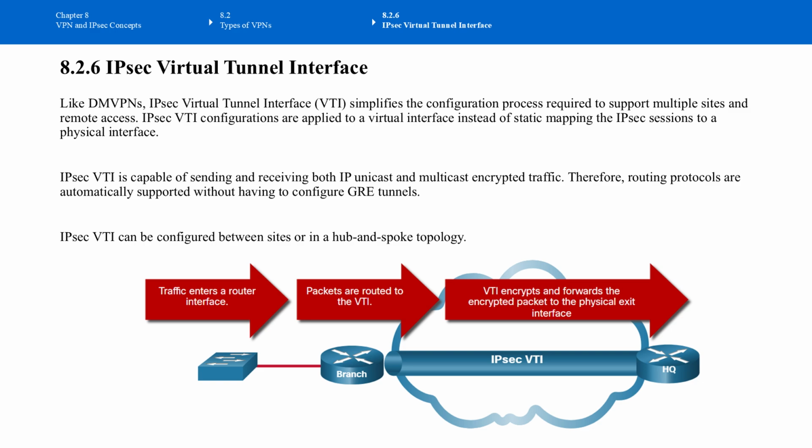The packets destined for the remote network are routed to the VTI. The IPsec VTI encrypts the packets. The encrypted packets are then sent through the router's physical exit interface across the internet. At the headquarters router, IPsec decrypts the traffic and forwards the original packet to the destination network.